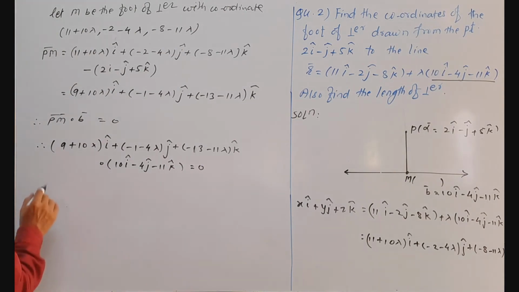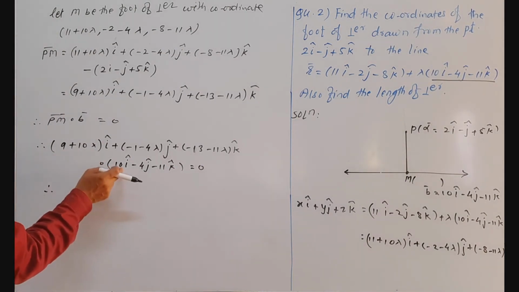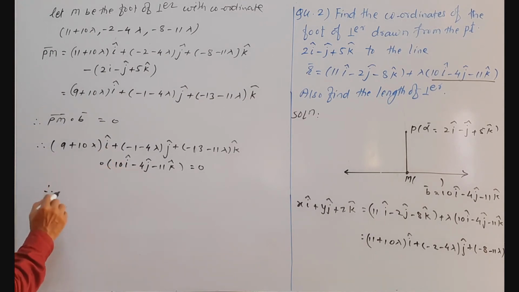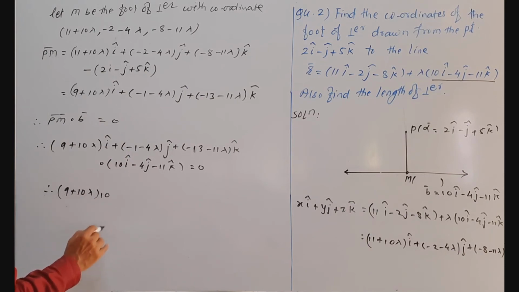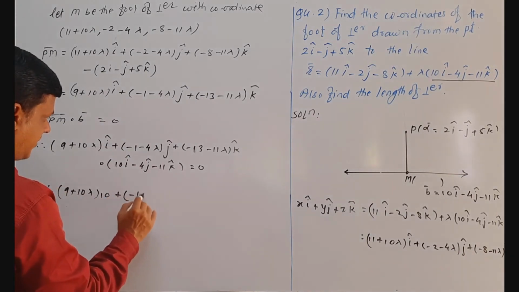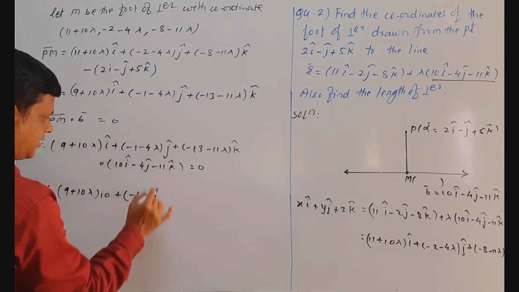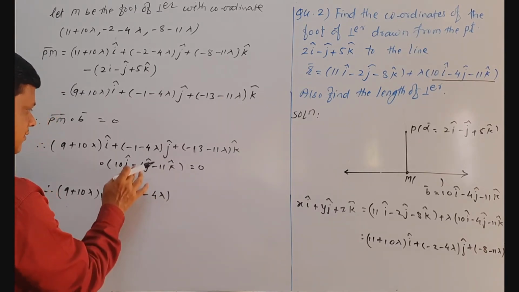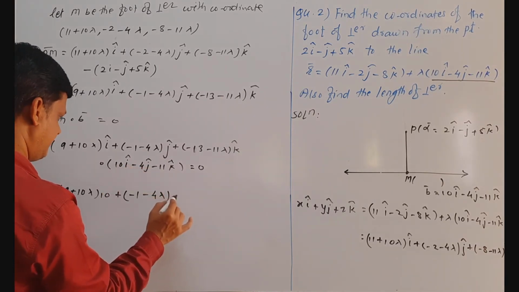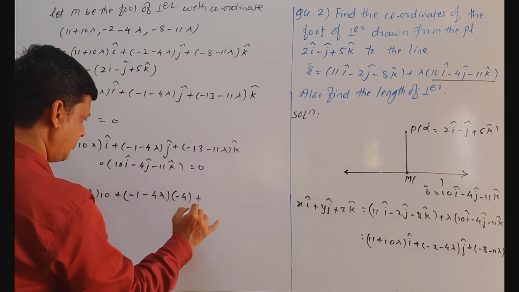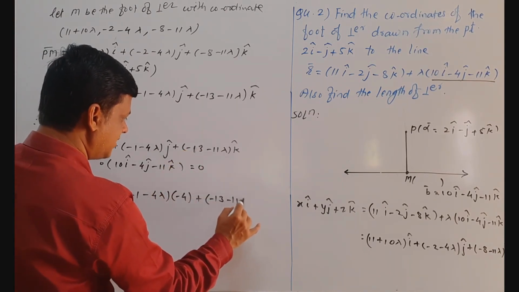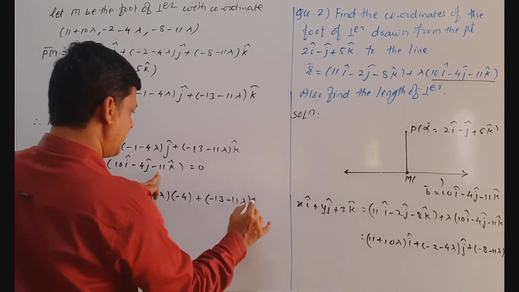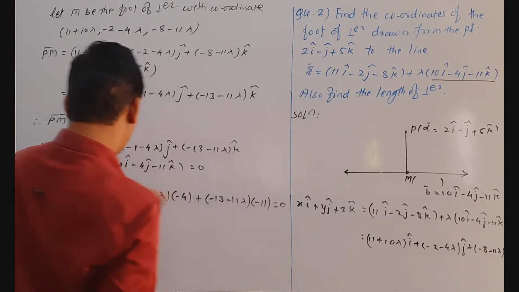equals 0. Therefore now we multiply i with i, so we get (9 plus 10 lambda) into 10 plus (minus 1 minus 4 lambda) into minus 4 plus (minus 13 minus 11 lambda) into minus 11 is equal to 0.